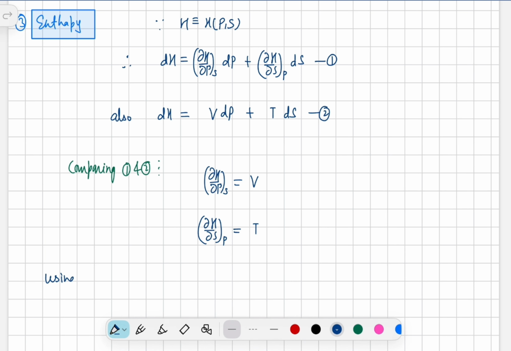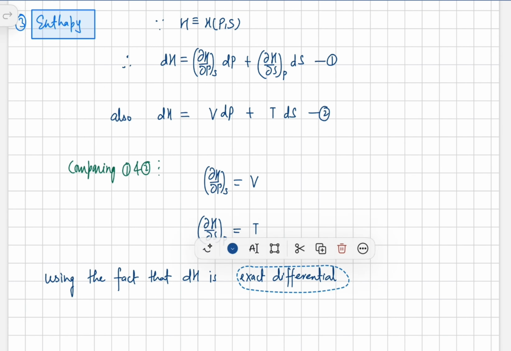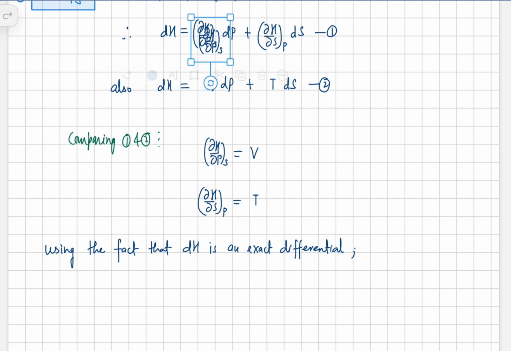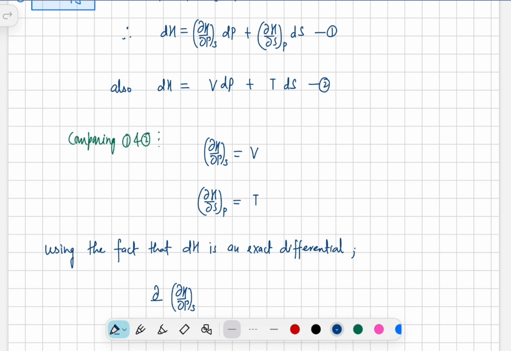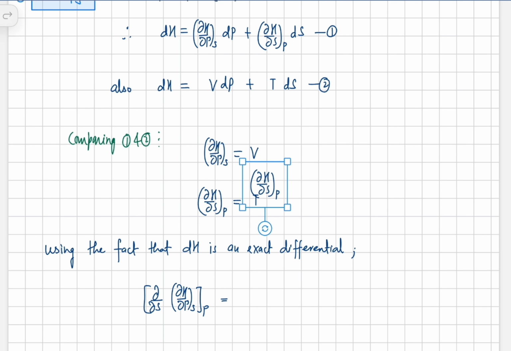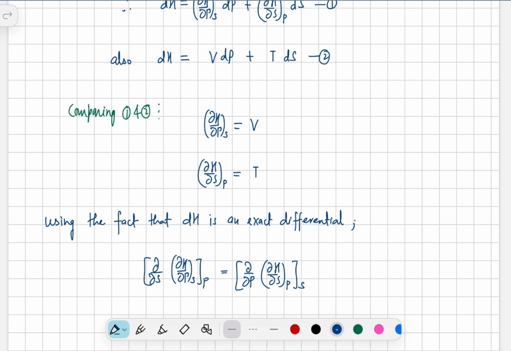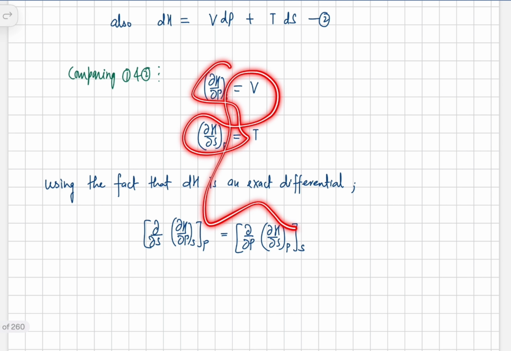using the fact that dH is an exact differential, its differentiation with respect to S at constant P is equal to its differentiation with respect to P at constant S. So just replace these two things here and here.